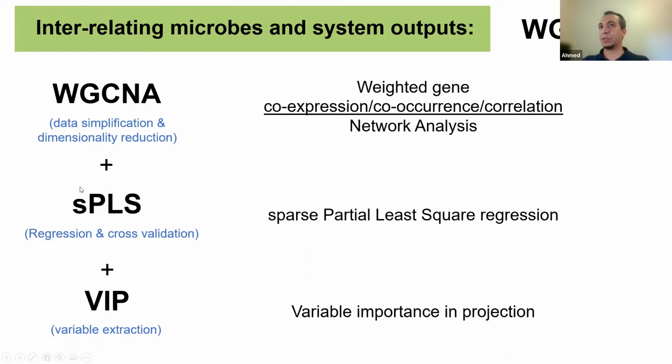And this is something that you do on the modules that are of interest, as I'm going to tell you right now. And this step involves 2 things. You actually do the regression and also do some sort of cross-validation. And this cross-validation is important because it allows you to extract what are the variables that are driving this module variation. And again, I'm going to clarify all of these as we walk through the separate steps.